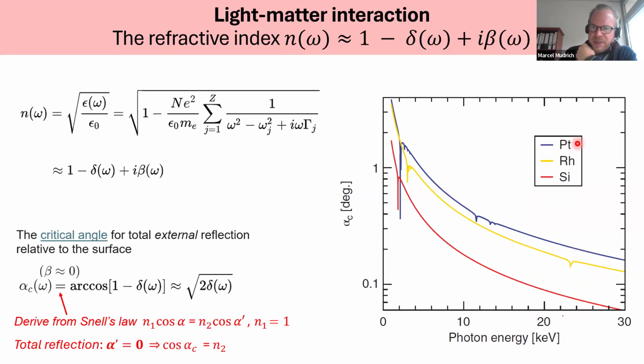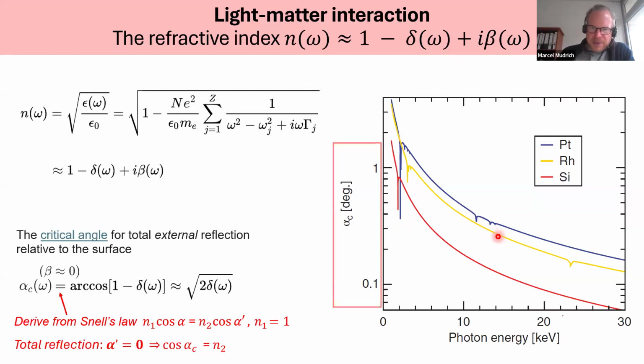This is platinum, rhodium, silicon, typical materials that you would use to make a mirror. You also see these very sharp dips. This is, of course, whenever there are inner shell edges, where absorption and resonant excitations happen.